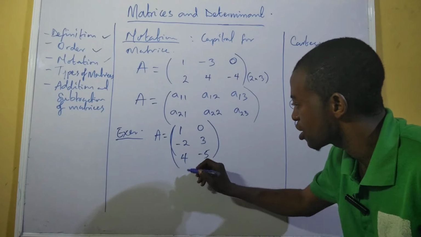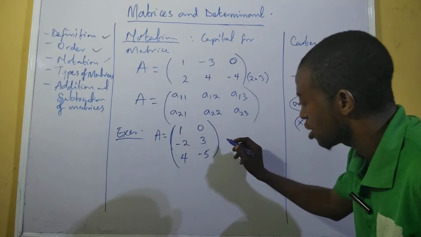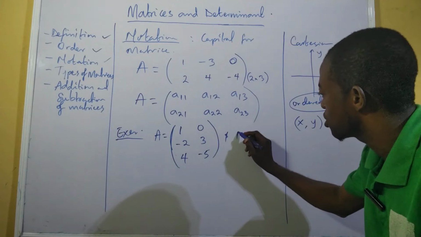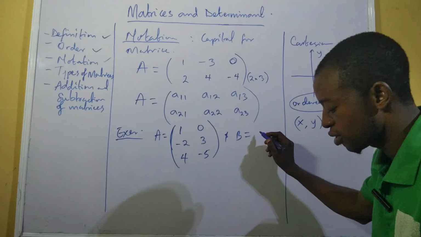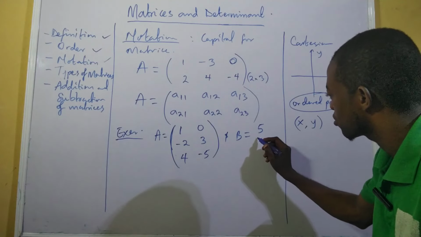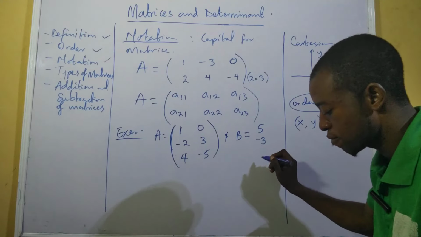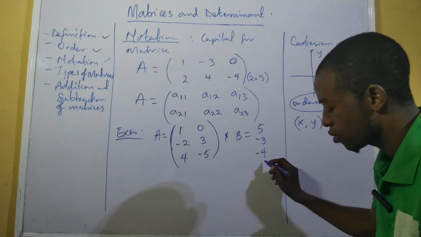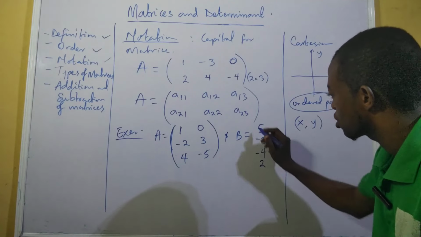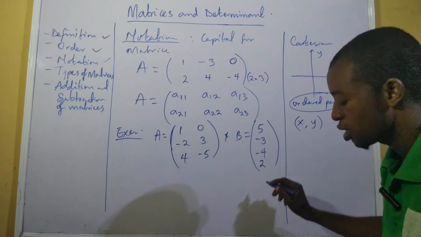So we have this as matrix A, and also we have matrix B, which is given as 5, minus 3, minus 4, and 2. So here we have matrix B.